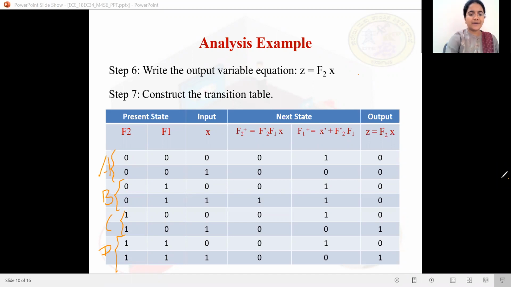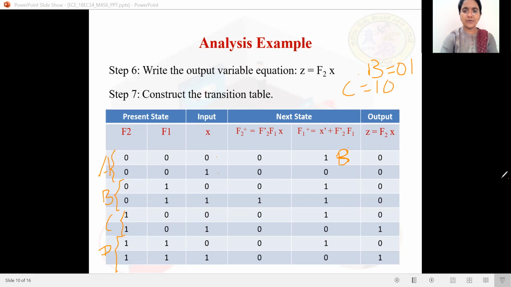Here, when it is in state A, when x is equal to 0 and x is equal to 1, what is the next state? When it is in state A and x is equal to 0, it goes to state B. Here you have to consider both F2 plus and F1 plus. For B, the values are 0, 1.